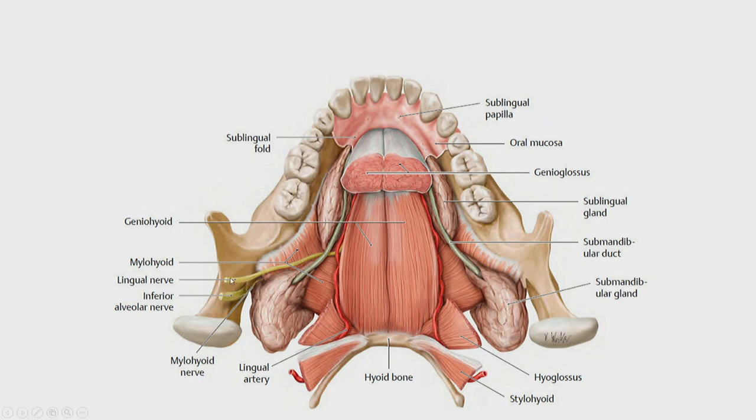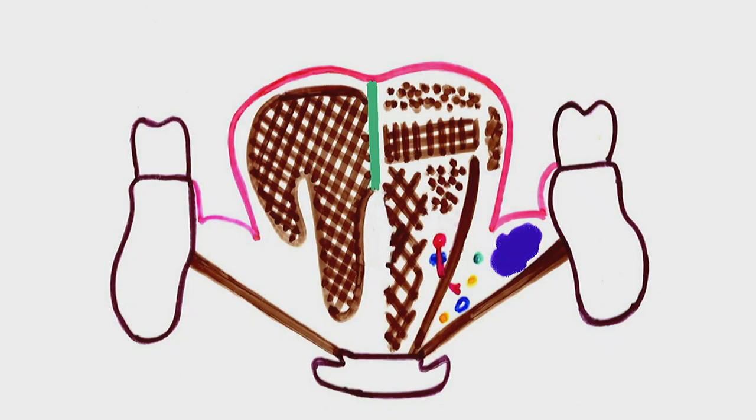And here again is a very important topographical relation, that this submandibular duct is crossed by the lingual nerve, and the lingual nerve always in this region is crossing and going under the submandibular duct. This is the schema of the sublingual region.